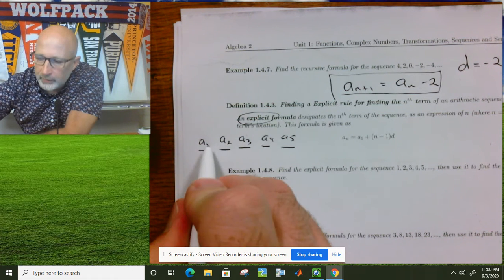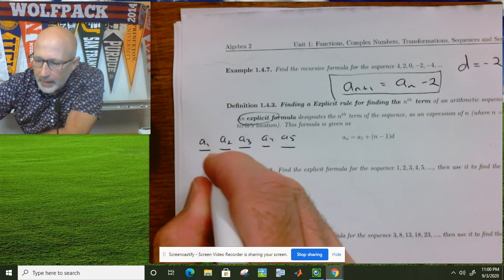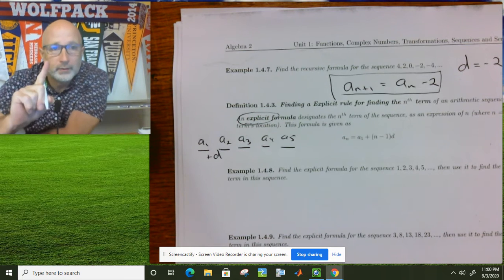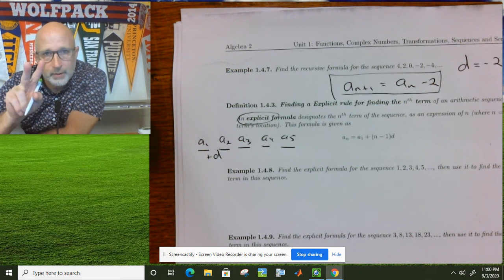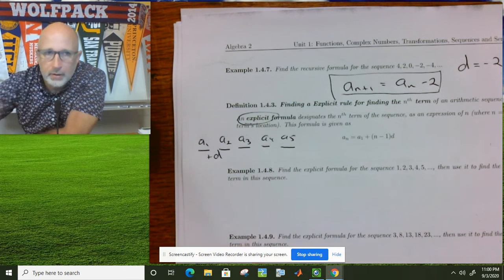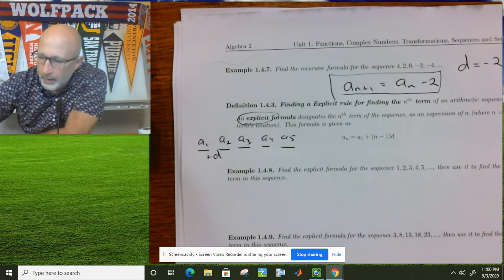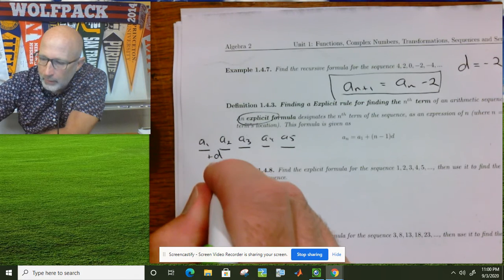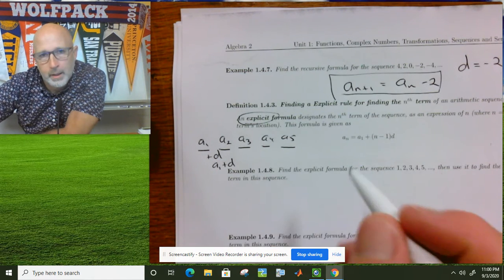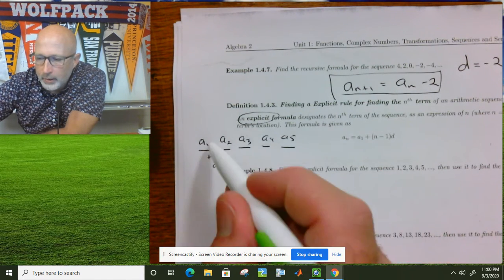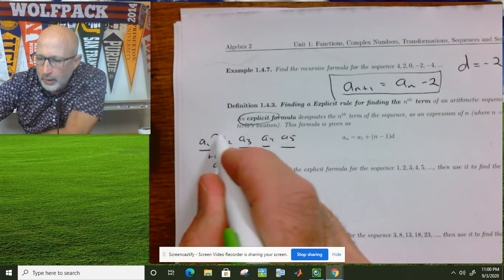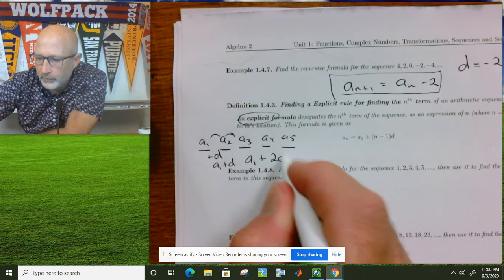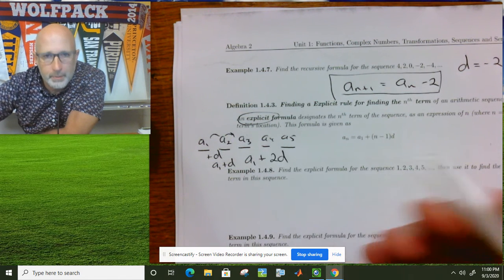To get to the second term, I'd have to add D once, so this is going to be A1 plus D. Now to get to A3, you go to A1 and add on D 2 times, so plus 2D. And then the pattern continues.